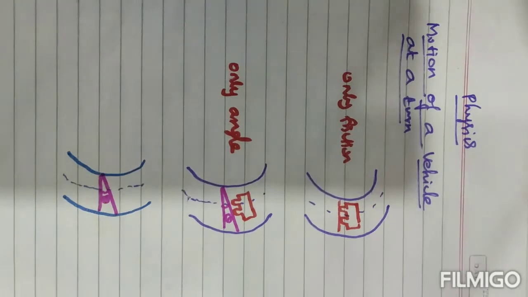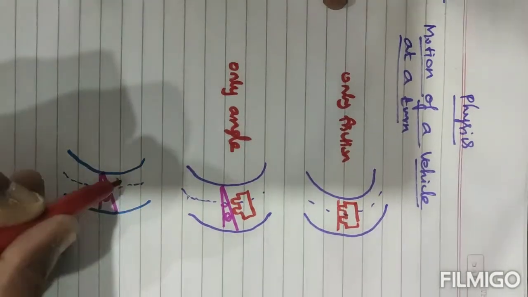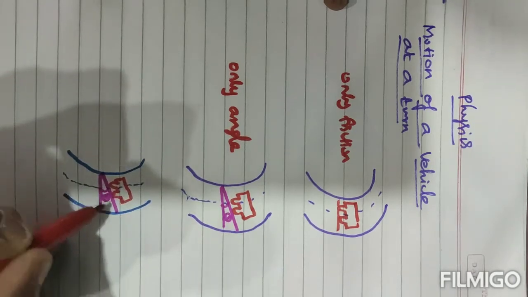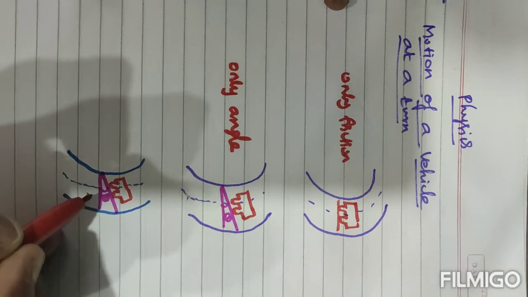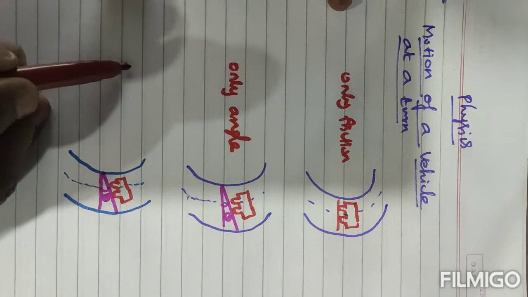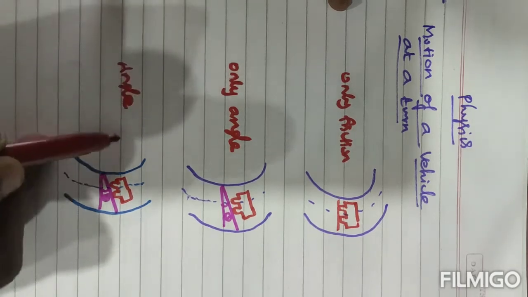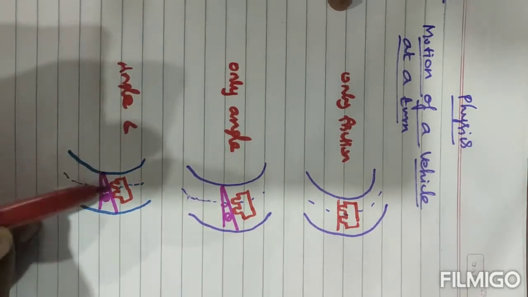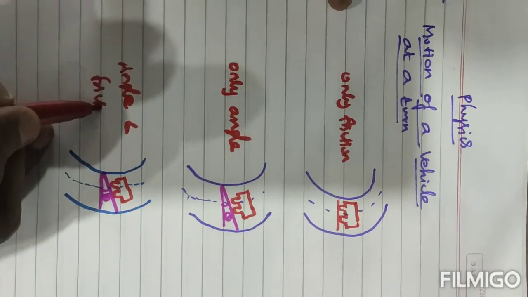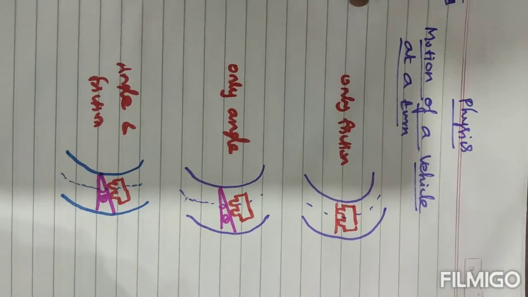This is the vehicle. The vehicle makes an angle theta, and theta is the angle of banking. So here the angle is there, and we also consider the friction between the tire and the road. So friction is also there.